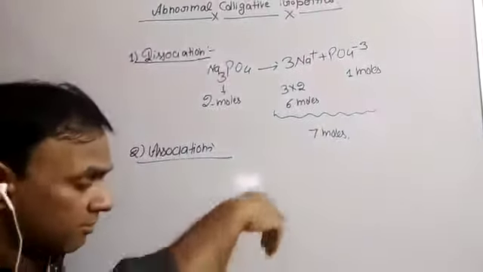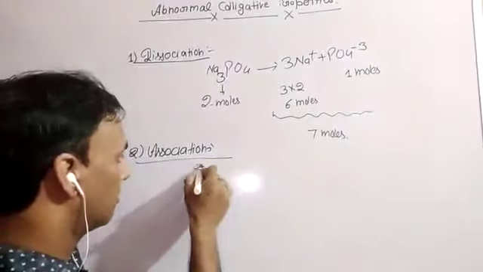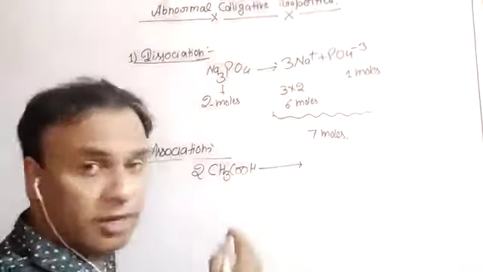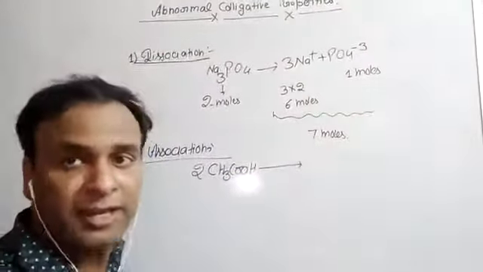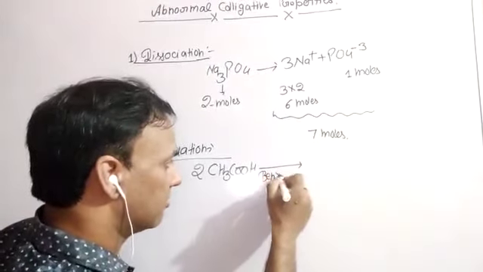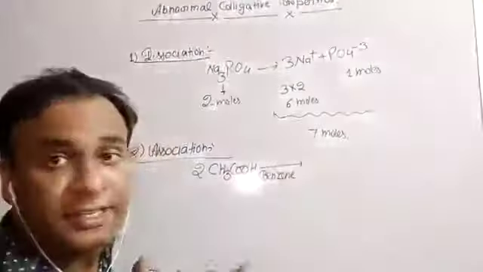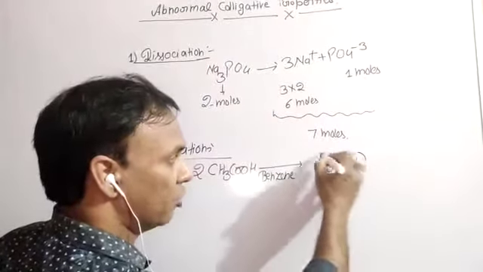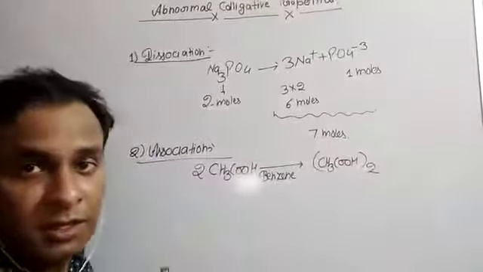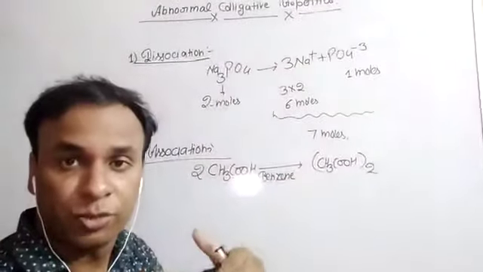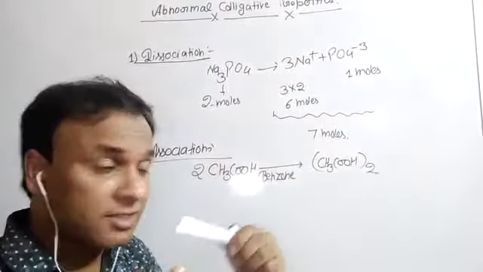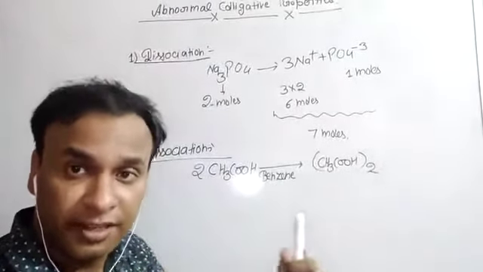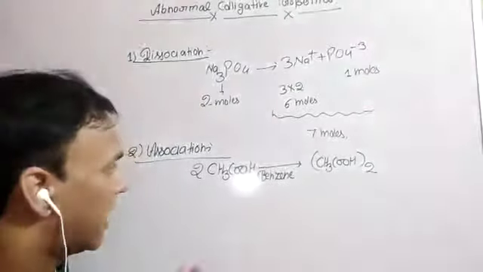Suppose that 2 moles of acetic acid is dissolved in an organic solvent like benzene, then it gets dimerized. Dimerized means (CH3COOH) whole twice. That is a process of association. Clear? In such a condition, the number of molecules present in the solution is decreased.